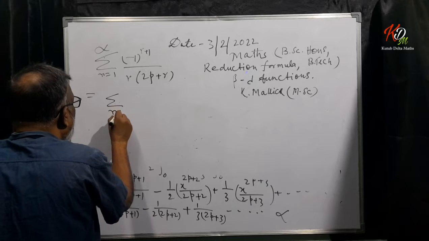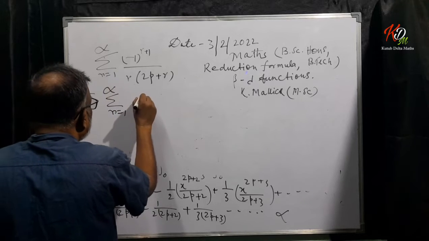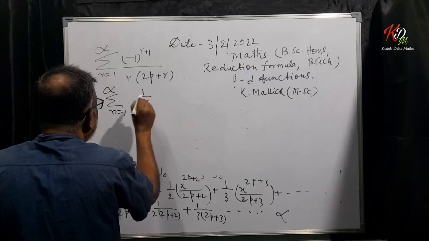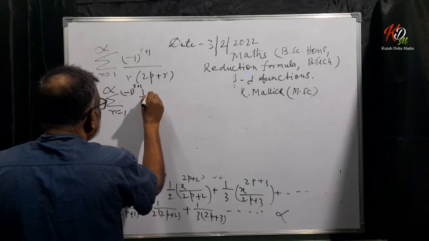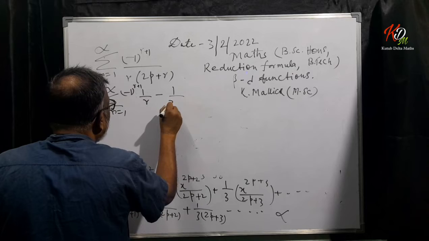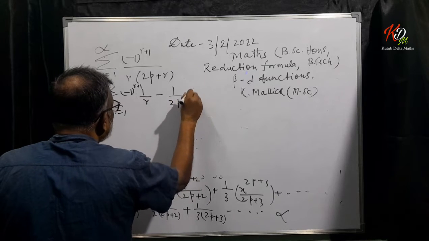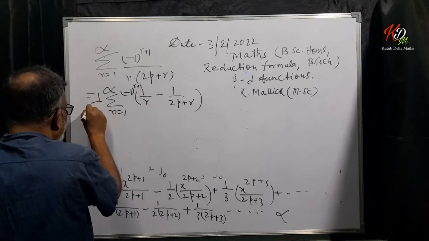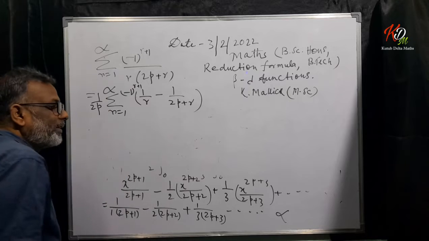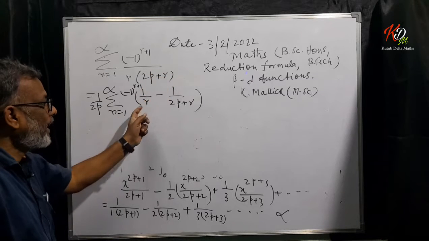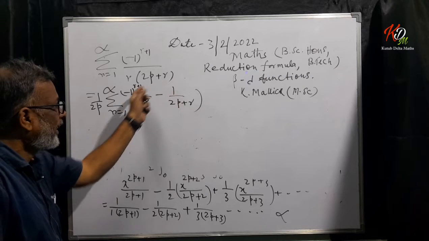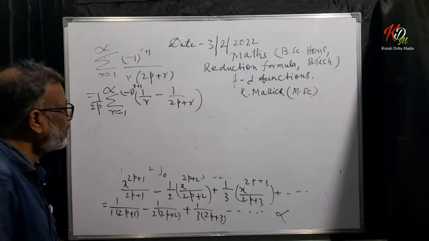Now summation r from 1 to infinity, 1 by r, minus 1 whole to the power r plus 1, times (1 by r minus 1 by 2p plus r), by 1 by 2p. Now on simplification we have 2p by r into 2p plus r, and the 2p and 2p here vanish.